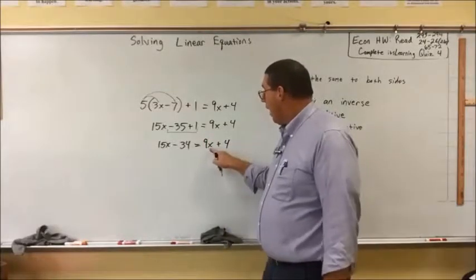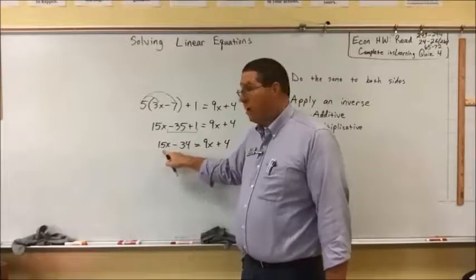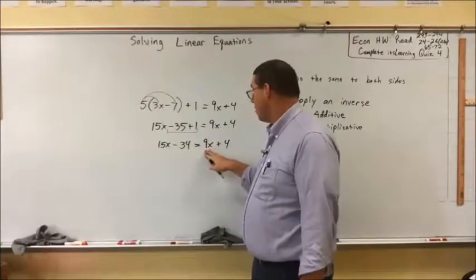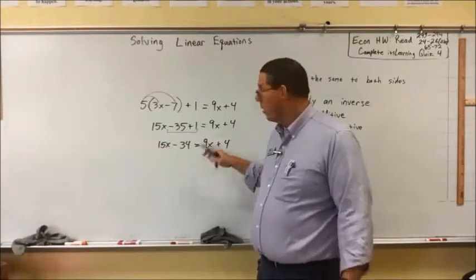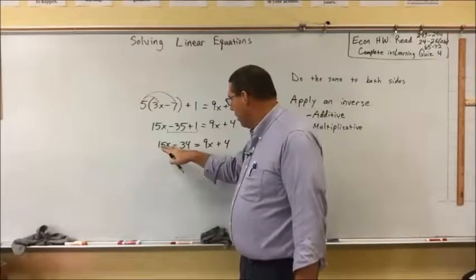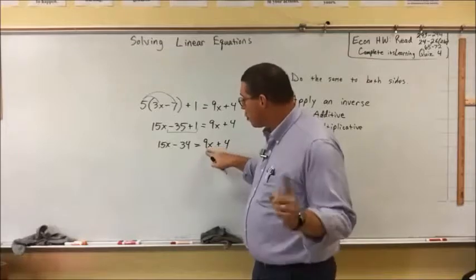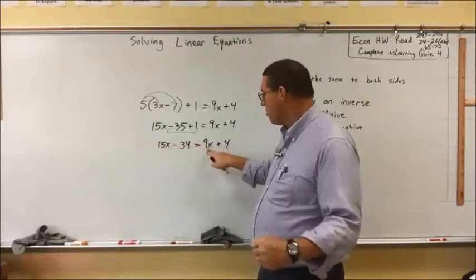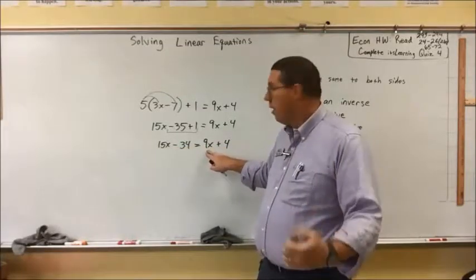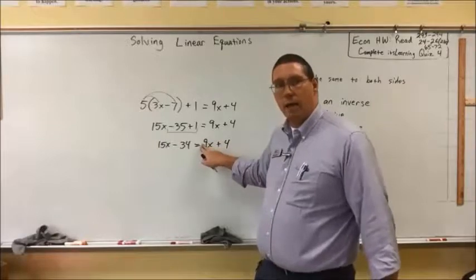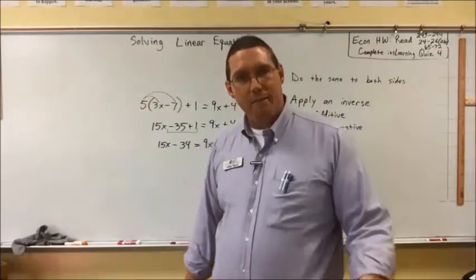Now, I have two x's, okay? Two terms that have x's in them, so I can combine them. But they're both positive, but this one over here is smaller than this one over here. So this is the one that I want to cancel. This is a positive 9x, so I'm going to apply an additive inverse.